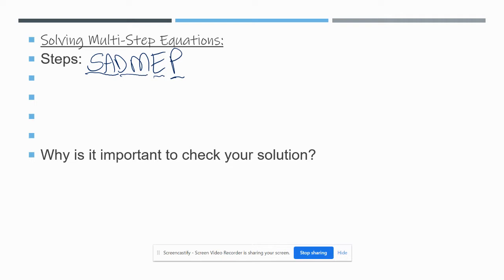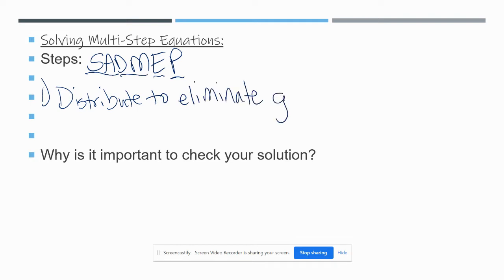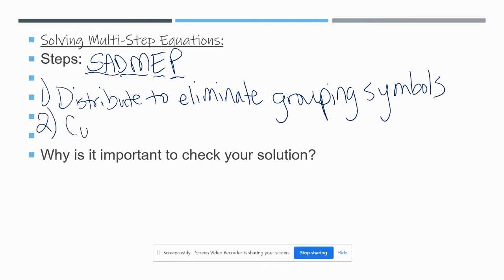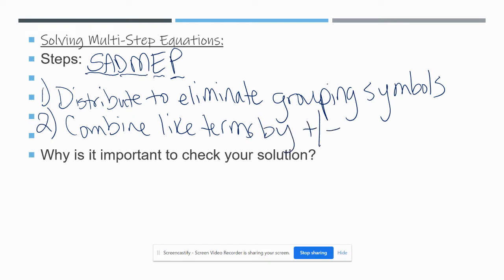Besides that, we can also look at it as first, you want to distribute to eliminate grouping symbols. Second, combine like terms by adding or subtracting.